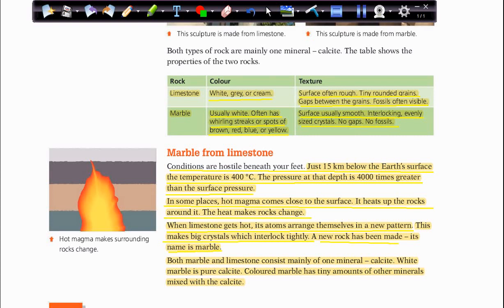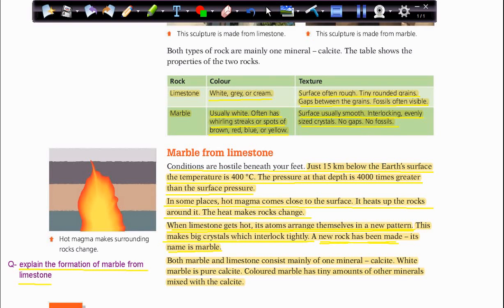So if I asked you a question, explain the formation of marble from limestone, you will say that when limestone gets hot, its atoms arrange themselves in a new pattern. This makes big crystals which interlock tightly, so a new rock has been made.